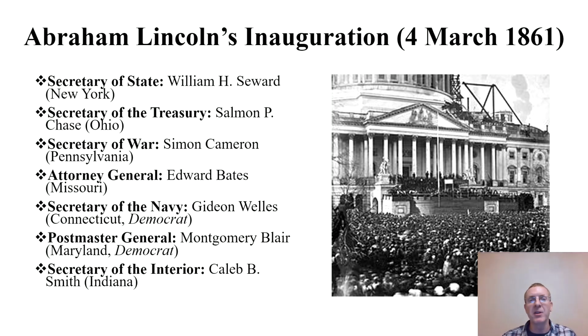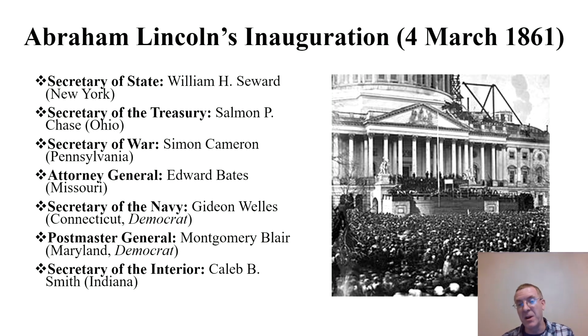So I have members of his cabinet here. William H. Seward of New York will serve as Secretary of State. Controversial decision. Secretary of the Treasury, Salmon P. Chase of Ohio. Secretary of War, Simon Cameron of Pennsylvania. Another controversial decision. Attorney General will go to Edward Bates of Missouri, a slave state. Gideon Welles, a Democrat from Connecticut.